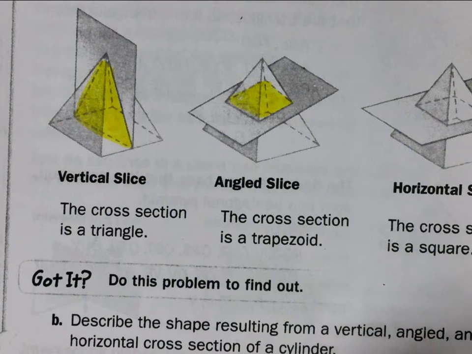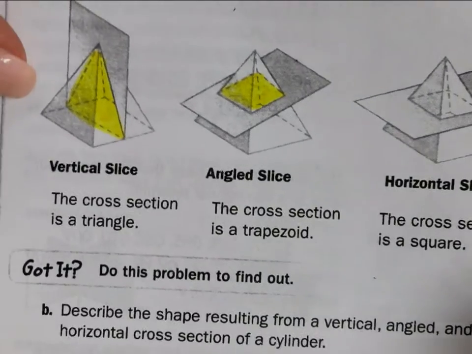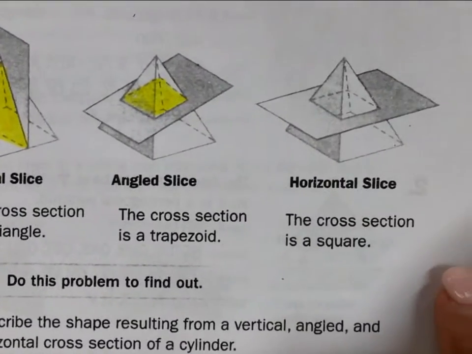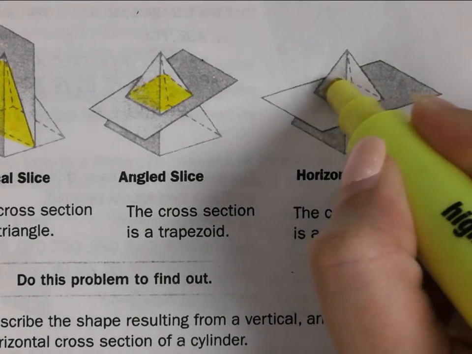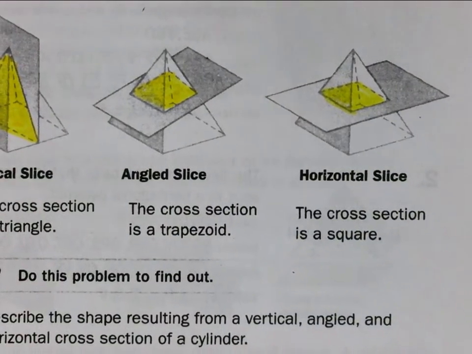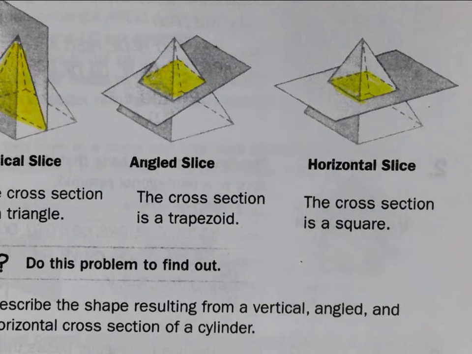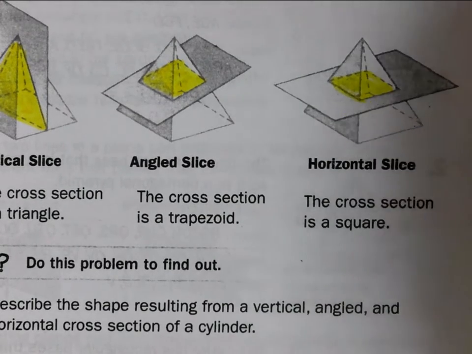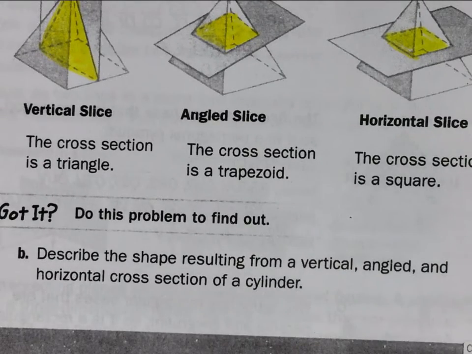So they are not parallel, meaning that is a trapezoid. And then if I slice it horizontally, it makes a square. So your cross section is finding out what shape is formed when you cut it in two.